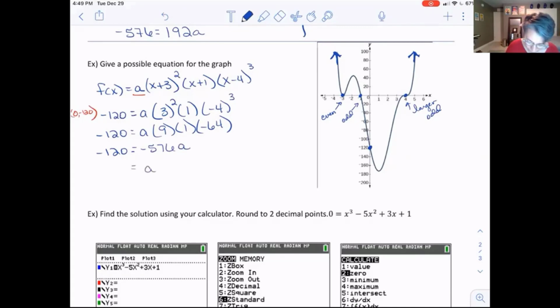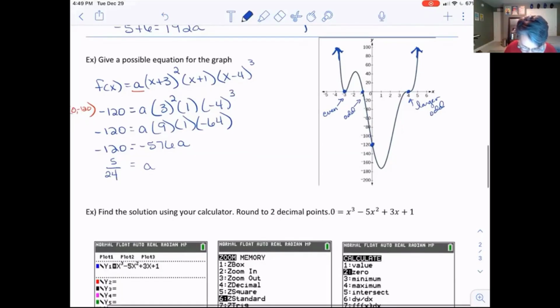And when we divide and reduce, we would get a positive 5/24. So our final equation, f of x equals a positive 5/24 times (x plus 3) squared times (x plus 1) times (x minus 4) cubed.